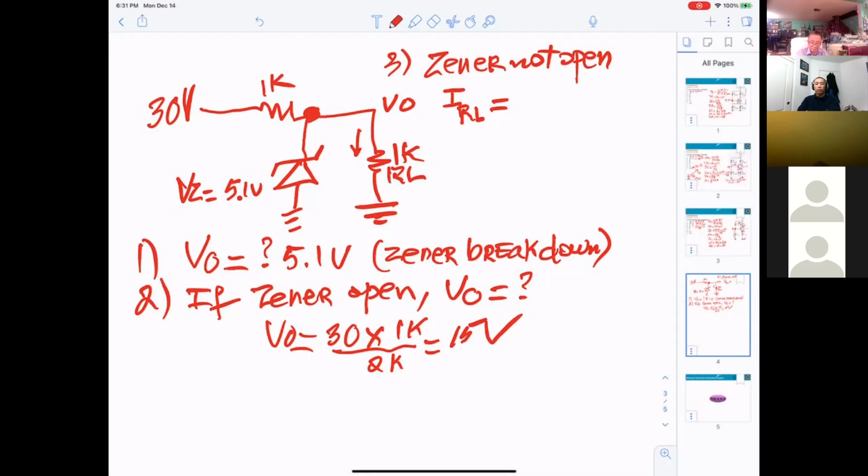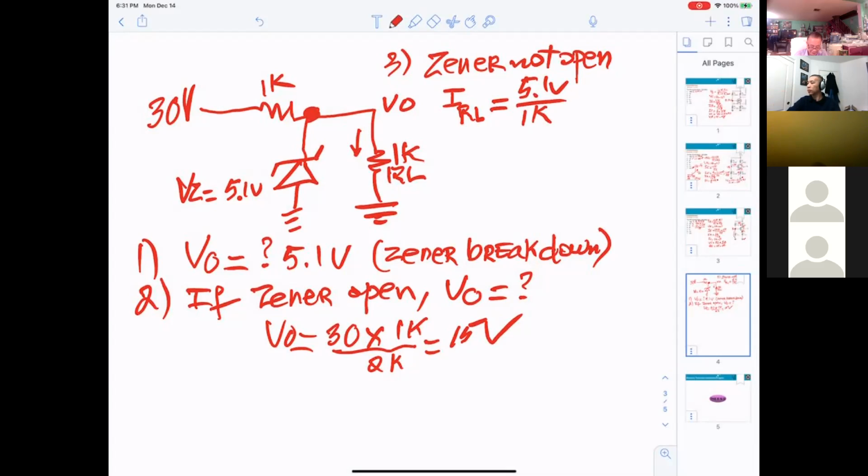So it would be 5.1 divided by the 1K, which is 5.1 milliamperes. Easy.